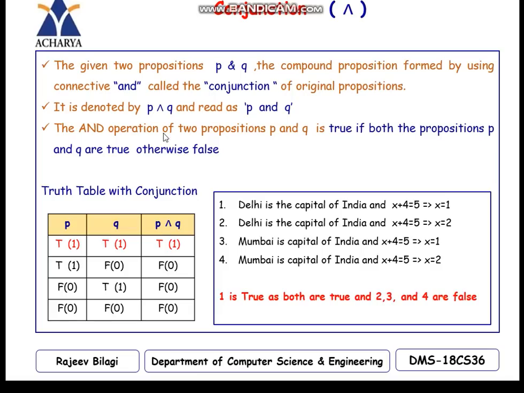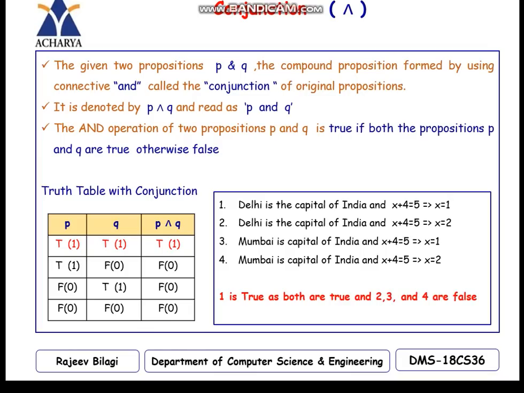So what is this AND operation? The AND operation of two propositions P and Q is true if both the propositions P and Q are true, otherwise it is false. So when you are writing a truth table, these points are very, very important. When both the statements are true, then only it is true, otherwise it is false.